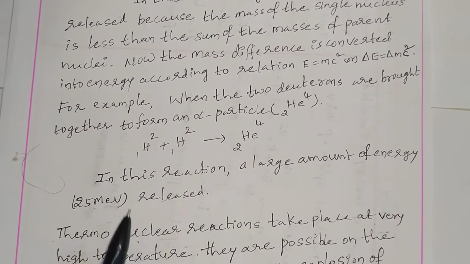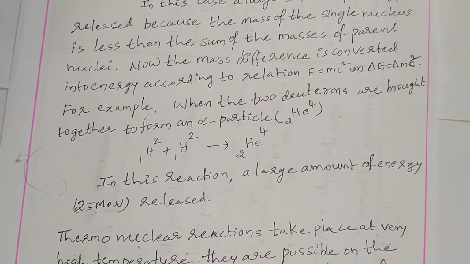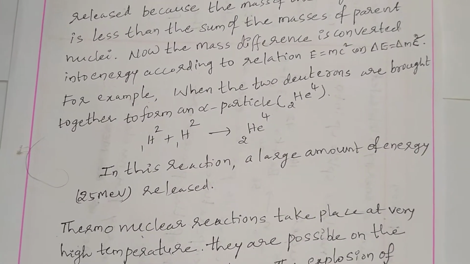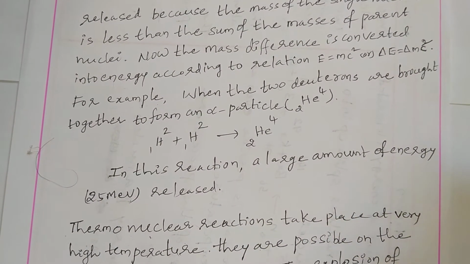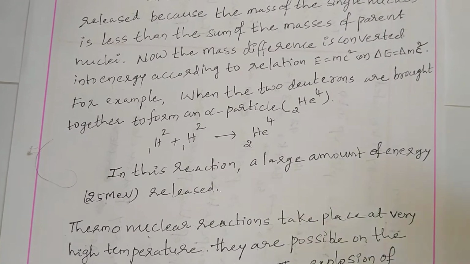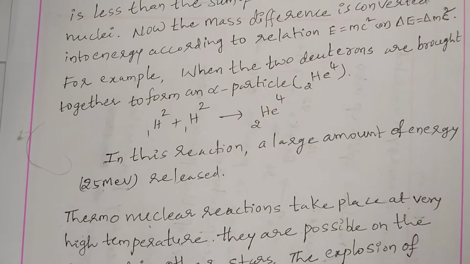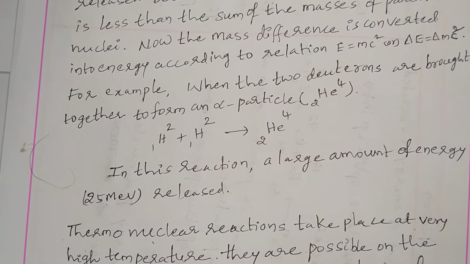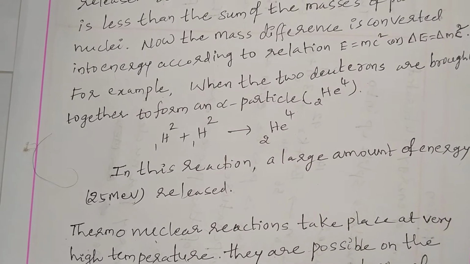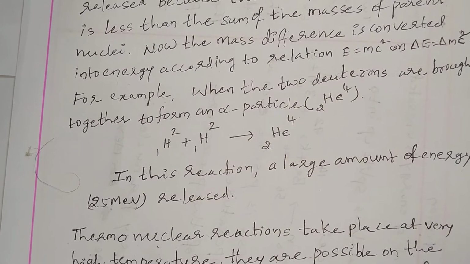So the thermonuclear reactions take place at high temperatures. So they are possible in the sun and other stars also. The explosion of an atom bomb may be used to initiate nuclear fusion.